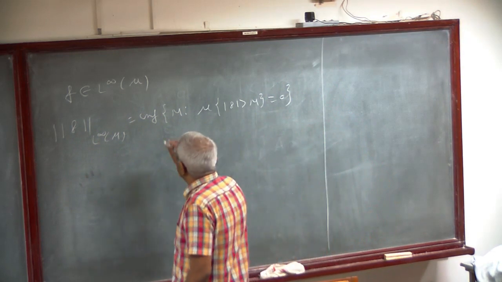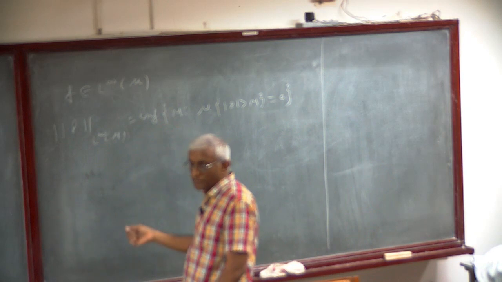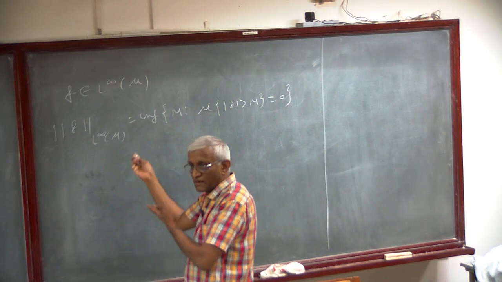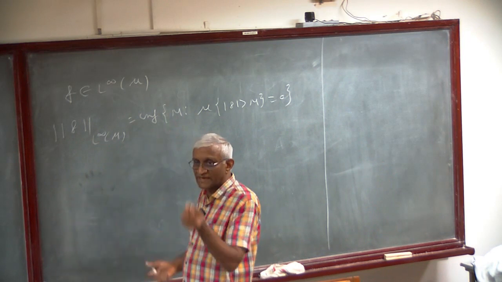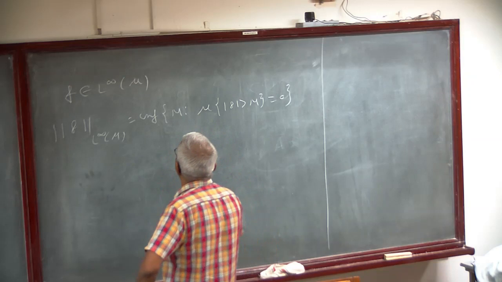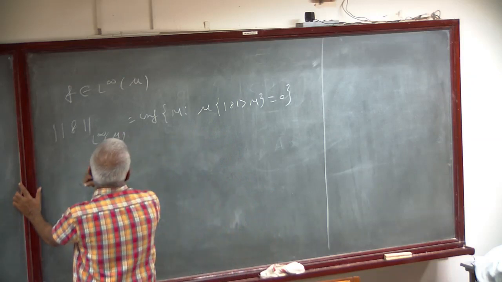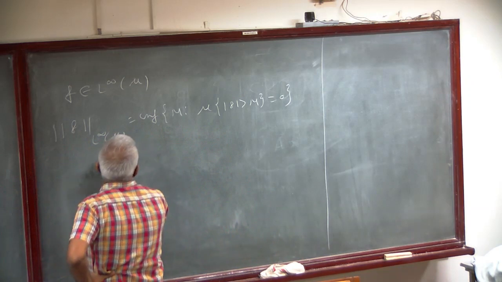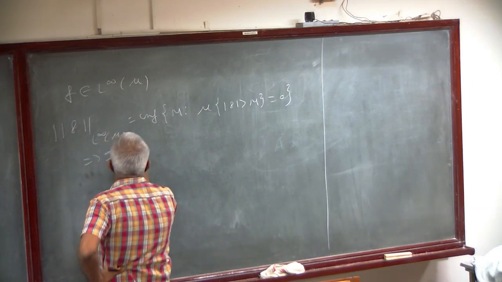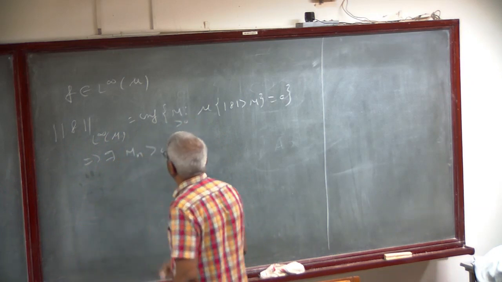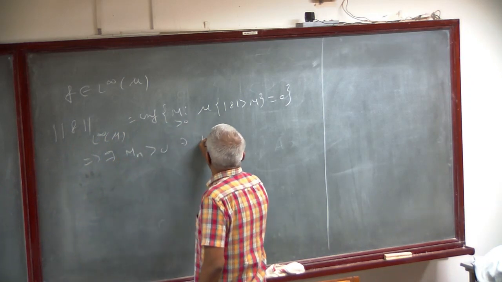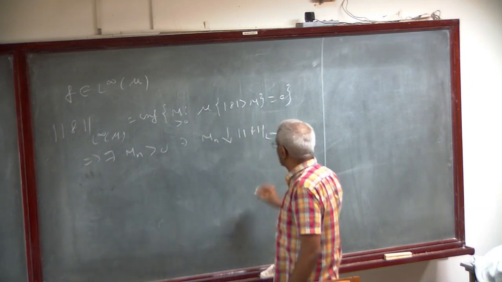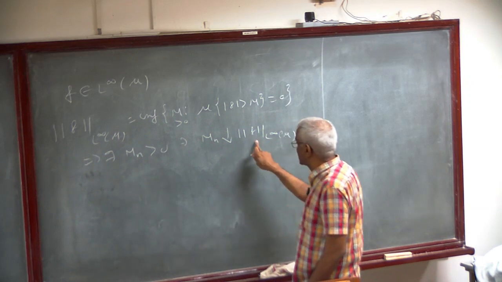This is how the L infinity norm is defined. Okay. So I first want to show that this infimum is actually a minimum. Infimum is defined through epsilon and other things. Minimum is something when the infimum is attained. Now this implies there exists Mn greater than 0 such that Mn decreases to the norm of f in L infinity.